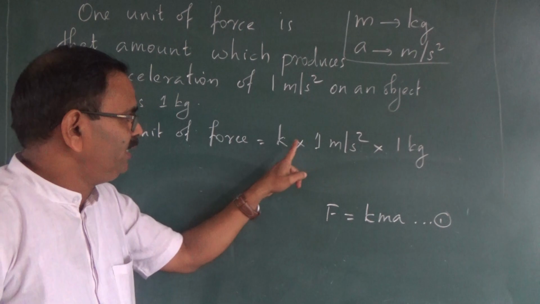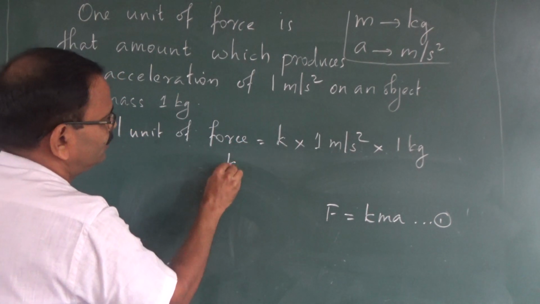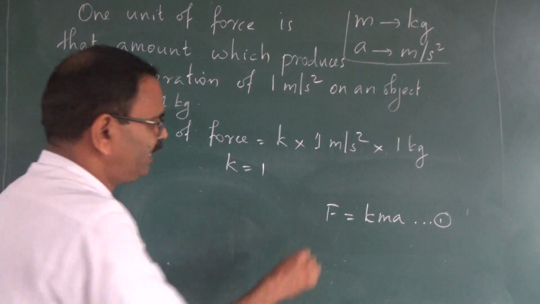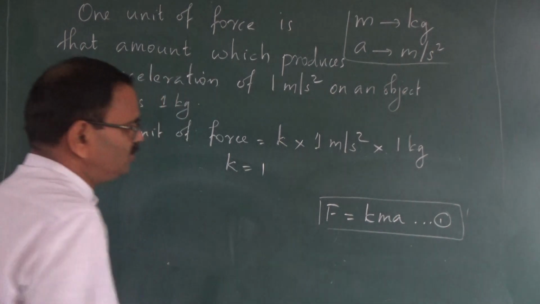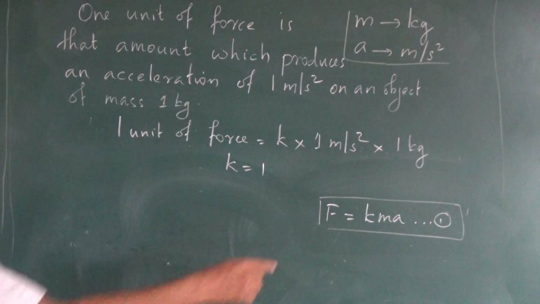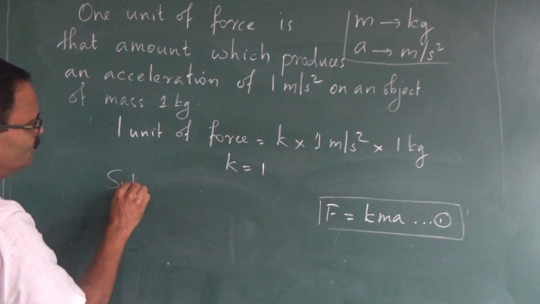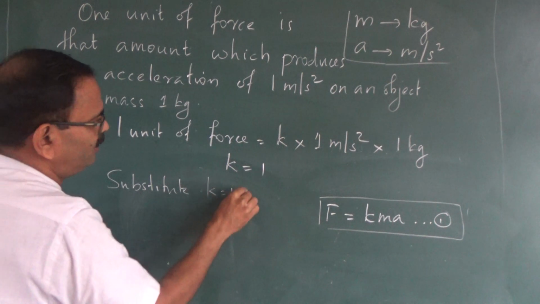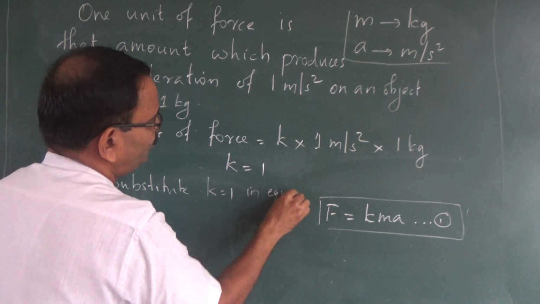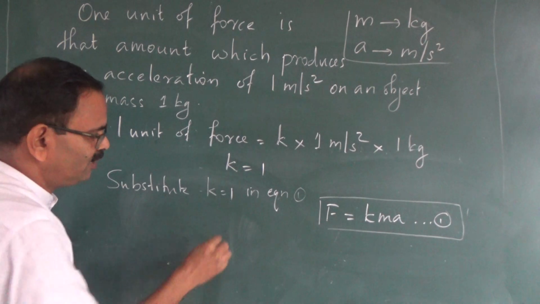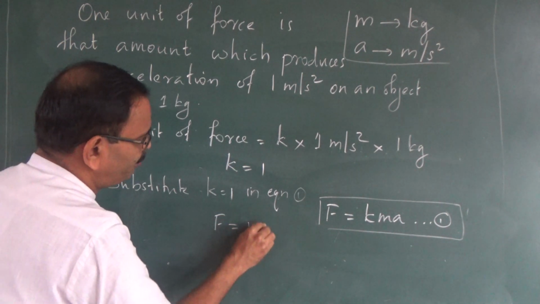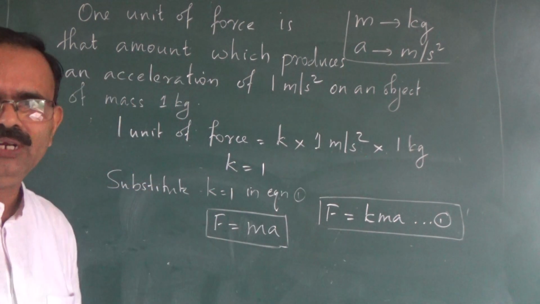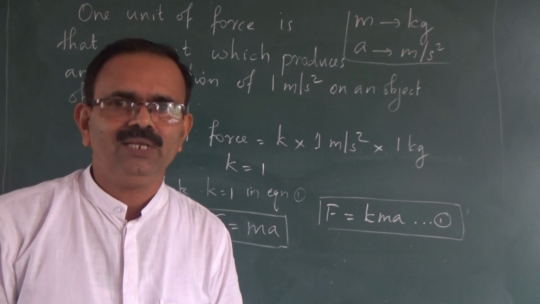So accordingly k is equal to 1. Substitute k is equal to 1 in equation 1. What we get? We get F is equal to ma. So this is the mathematical formulation for Newton's second law of motion.